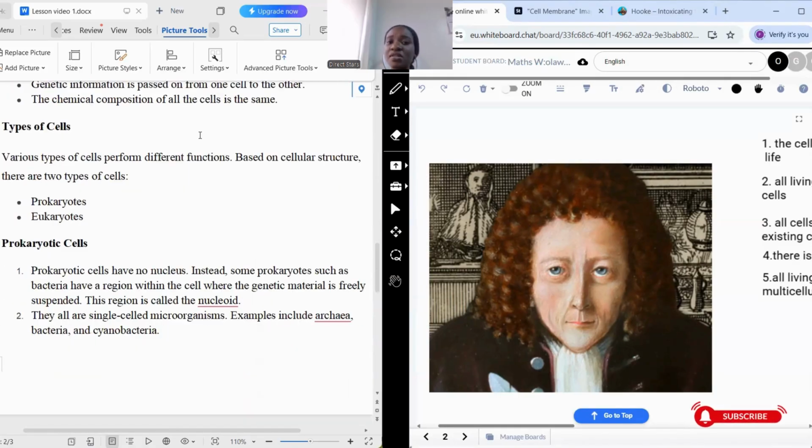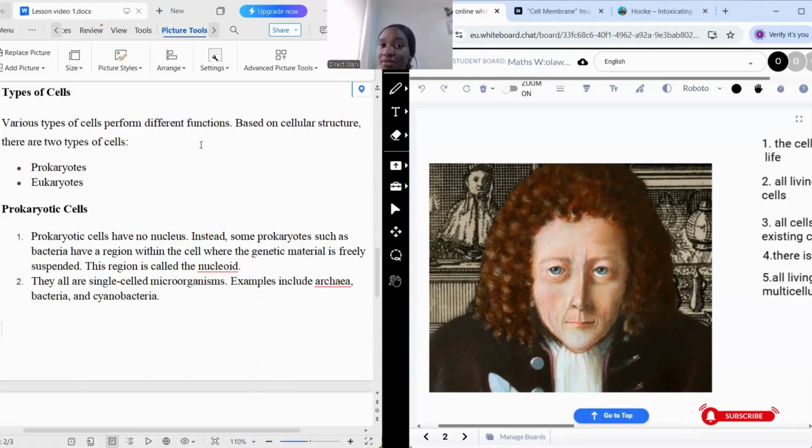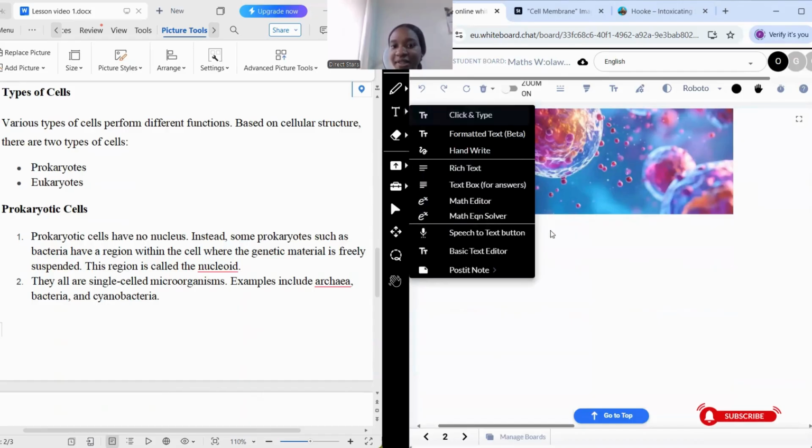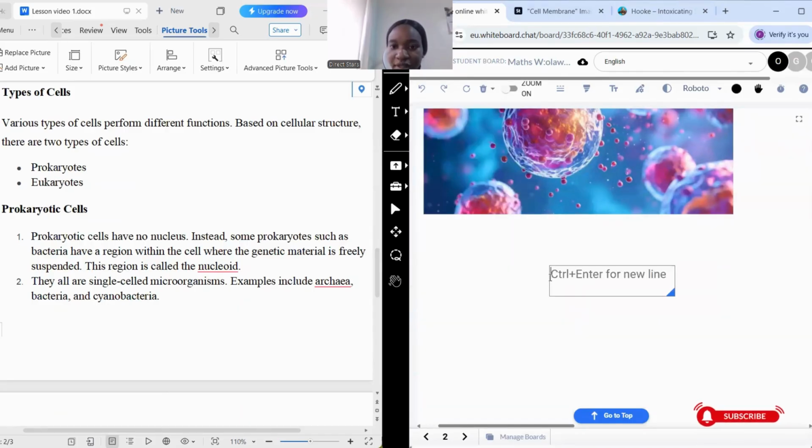When we talk about the cell, we have two main types of cells. We have the prokaryotic cells and we have the eukaryotic cells. When I say prokaryotic, I mean this. It's spelled prokaryotic.